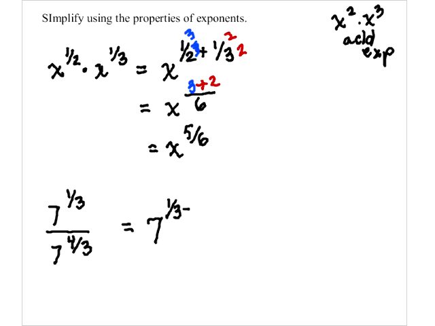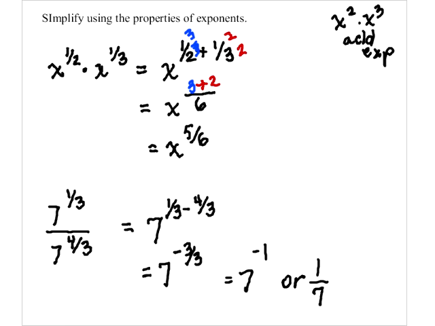That's 7 to the 1/3 subtract 4/3, and this one already has the common denominator. 1 minus 4, that would be 7 to the negative 3/3, or just 7 to the negative 1. Now, remember, they may ask you to write with positive exponents, and so that means 1 over 7 to the first power.